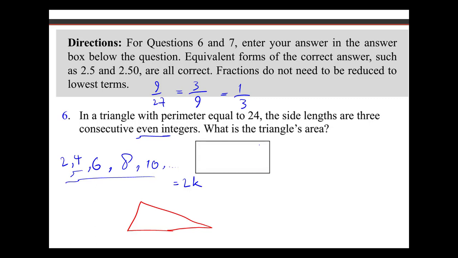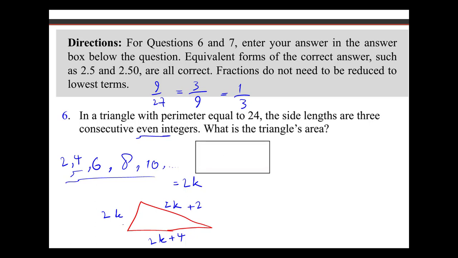The other cannot be, for example, 22. They are not consecutive. So put it 2k. This one will become 2 more than it. For example, if it is 10, this is 12. 2k plus 2. And this is 2 more than this, 2k plus 4. And the perimeter is 24.